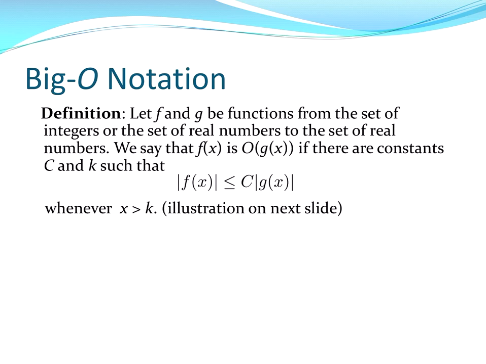All right, so if I have two real valued functions, f and g, then I say that f of x is big O of g of x when there are constants c and k such that the absolute value of f of x is less than or equal to c times the absolute value of g of x whenever x is greater than k. So there's c mentioned earlier, and k is the lower bound of x.